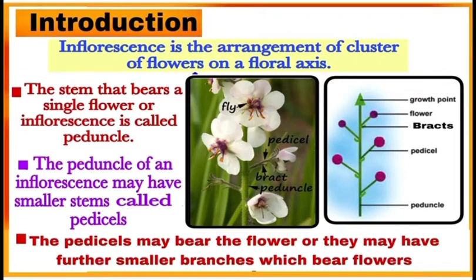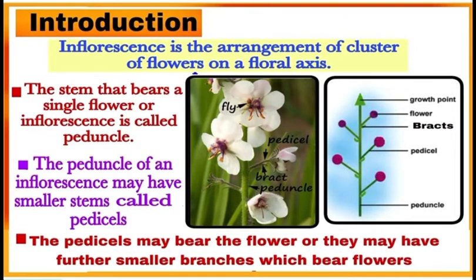Inflorescence is the arrangement of a cluster of flowers on a floral axis or central axis. जिस तरह floral axis पर flowers arrange होते हैं, this arrangement of flowers on floral axis is called inflorescence. Now see the diagram. The stem that bears a single flower or inflorescence is called the peduncle.